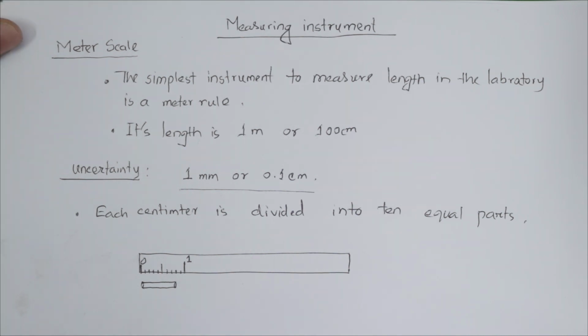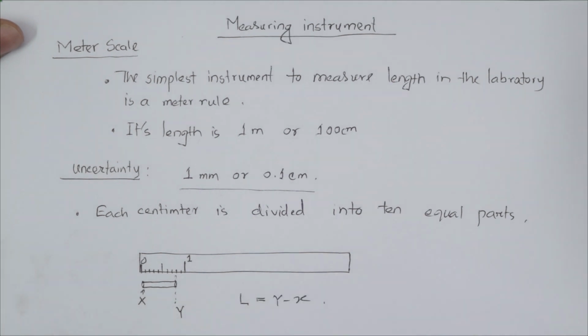In general, if the reading of the mark that coincides with the left end of the rod is x, and that of the mark that coincides with the right end is y, say this reading is y, then the length of the rod will be y minus x.